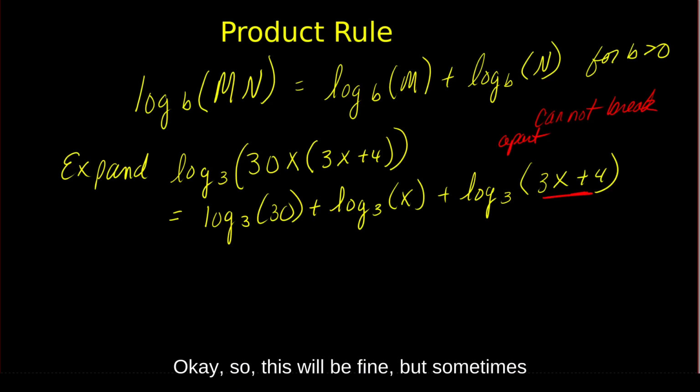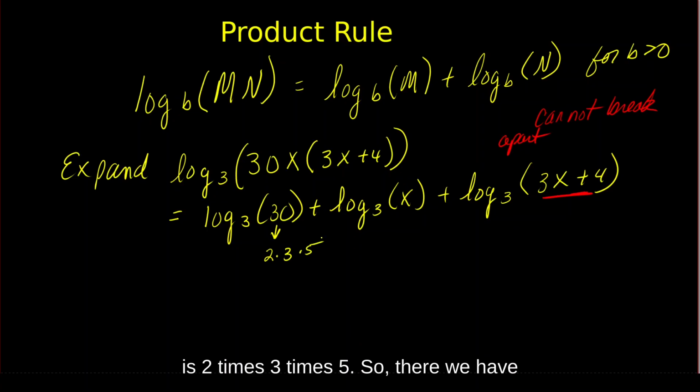Okay, so this will be fine, but sometimes your instructor wants you to convert all the products into prime numbers. It's not necessary, but sometimes you see it where you have to have everything in primes. For this 30 here, we know that 30 is equal to 6 times 5, which is 2 times 3 times 5. So there we have all the prime numbers.